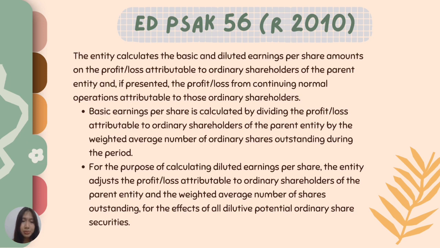Basic earnings per share is calculated by dividing the profit or loss attributable to ordinary shareholders of the parent entity by the weighted average number of ordinary shares outstanding during the period. For the purpose of calculating diluted earnings per share, the entity adjusts the profit or loss attributable to ordinary shareholders of the parent entity and the weighted average number of shares outstanding for the effect of all dilutive potential ordinary share securities.